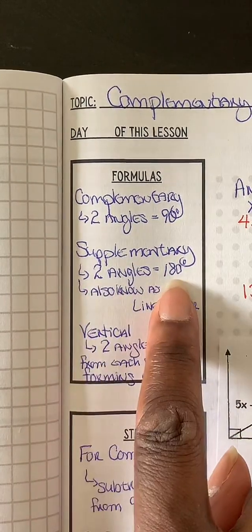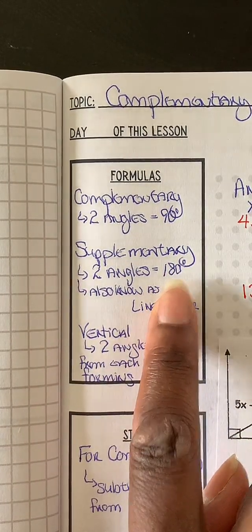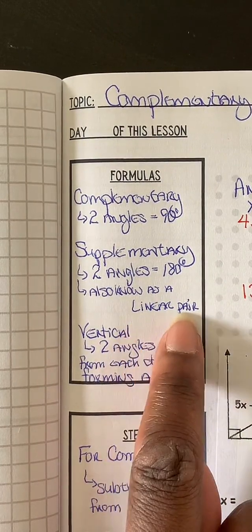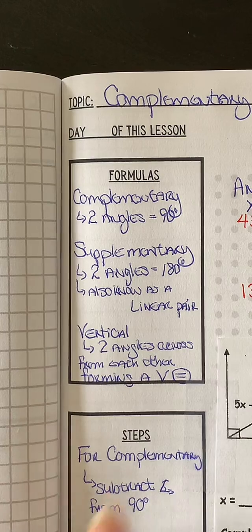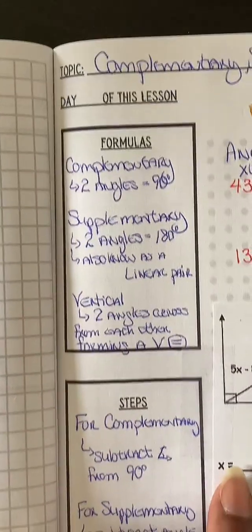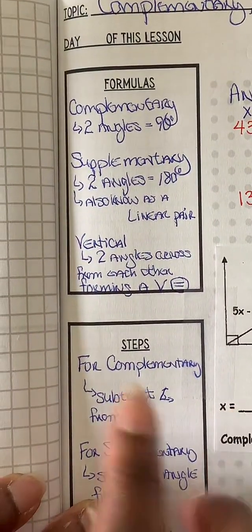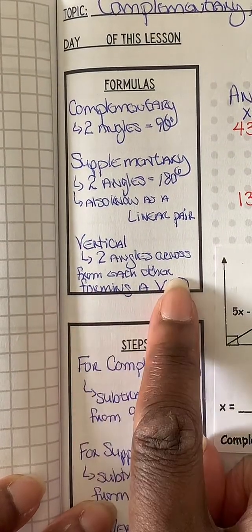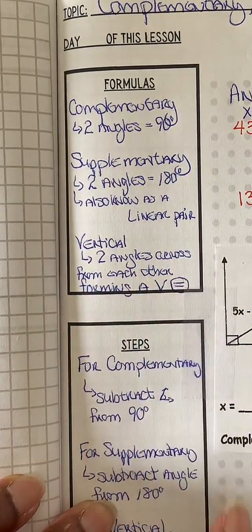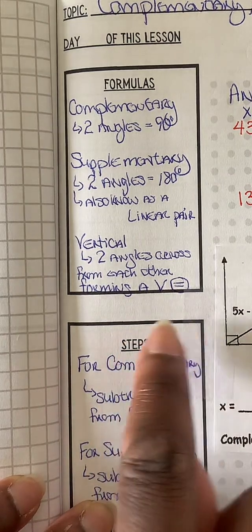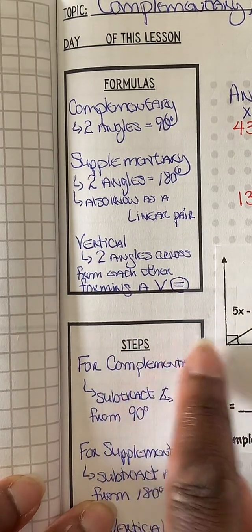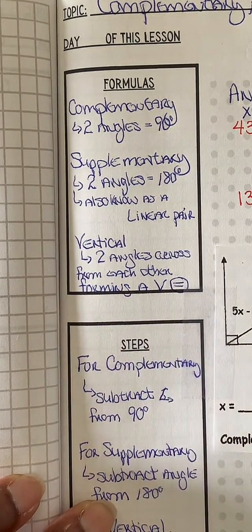Supplementary angles are two angles that equal 180 degrees, and they're also known as linear pairs. The last one is vertical angles. They're angles that cross and are right across from each other, forming a V. Those two angles are equal to each other.